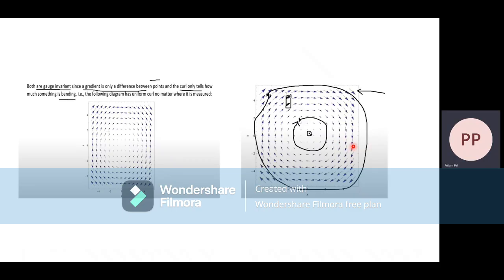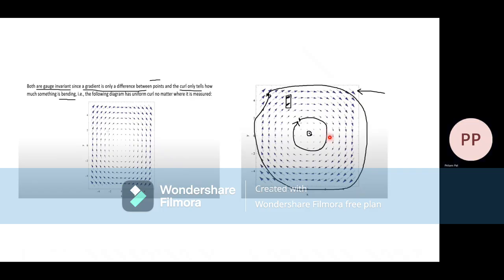So if a person right here follows these vector lines, they will go around in the same period as somebody who is in this region, where the vector lines are smaller but the distance is shorter.